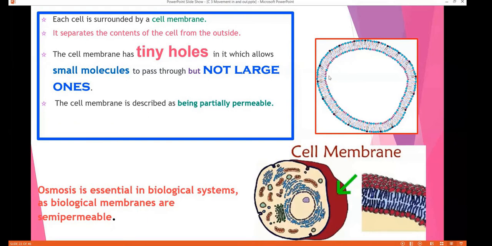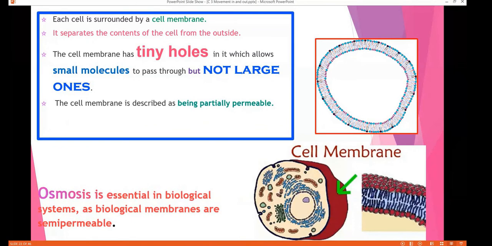It is semi-permeable because it has tiny holes in it, and each cell is surrounded by a cell membrane. The cell membrane has tiny holes which allow small molecules to pass through it but not larger ones, and the cell membrane is described as semi-permeable or partially permeable. So osmosis is essential in biological systems as biological membranes are semi-permeable.